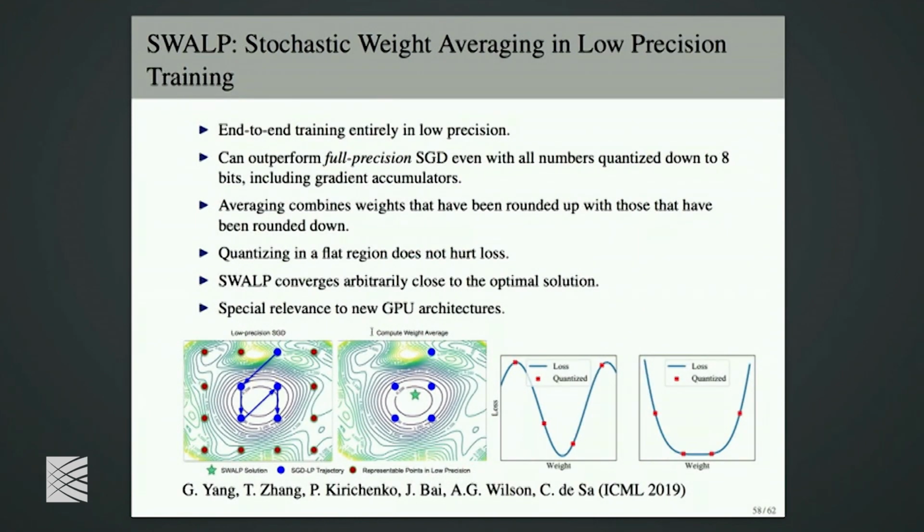We also looked at doing training in low precision using loss geometry. This is, again, kind of intuitive. This is work with Polina, Guandao, Tianyi, Chris De Sa, and Zhan Bai. And the idea there, intuitively, is that if we have a very flat region of the loss surface, then quantizing shouldn't really hurt us.